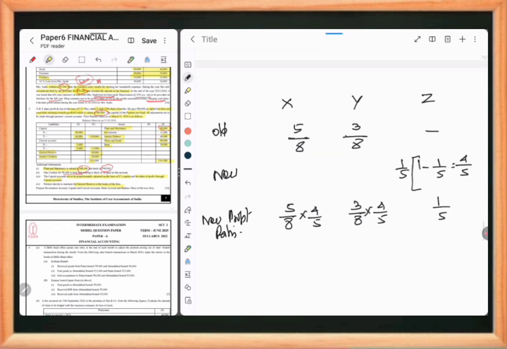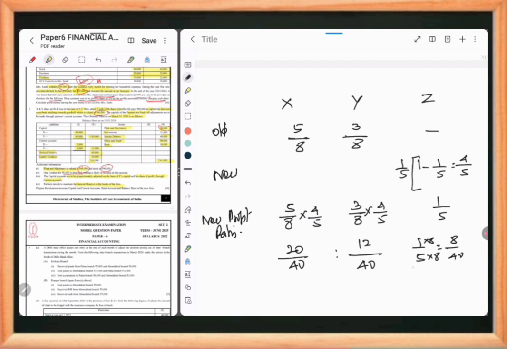So if we multiply 5 into 4, 20, divided by 5 into 8, 40. So here 3 into 4, 12, over 8 into 5, 40. So here the denominators are the same, so we shall equalize this. If we multiply both denominator and numerator by 8, it will be 8/40.